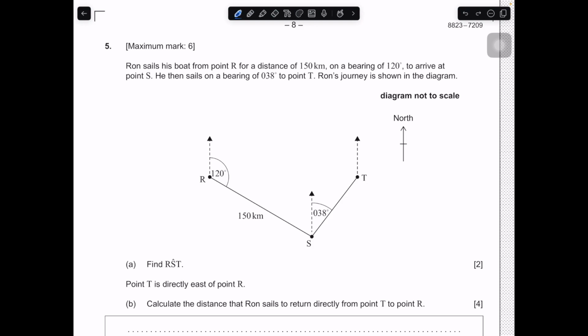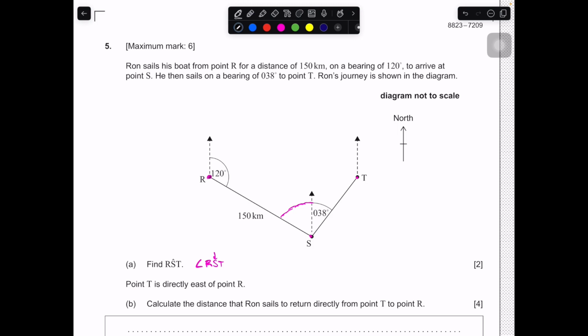Find angle RST. What are they asking us to find? If we start at R, then we go to S, and then we go to T, they're asking us to find this value right here, angle RST, where you're looking for that middle angle. Just follow the points and you'll get there.